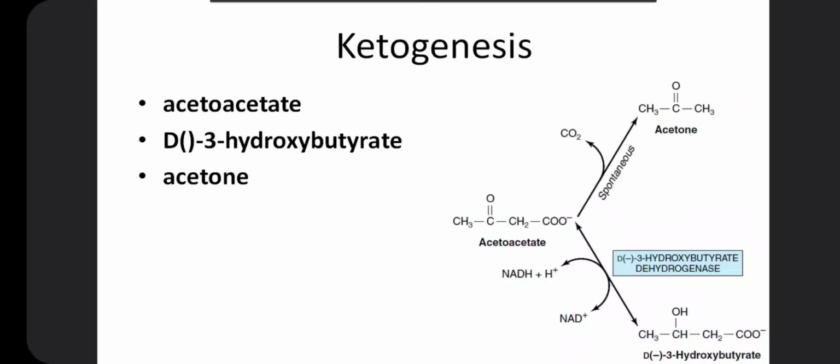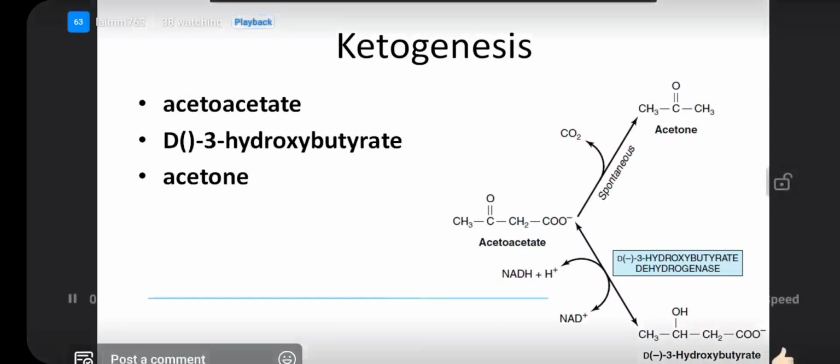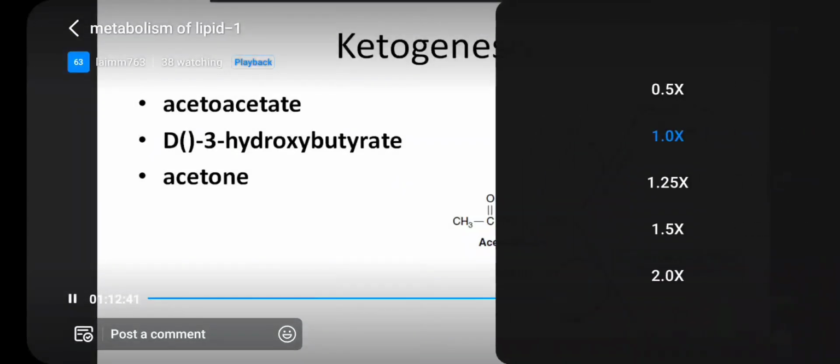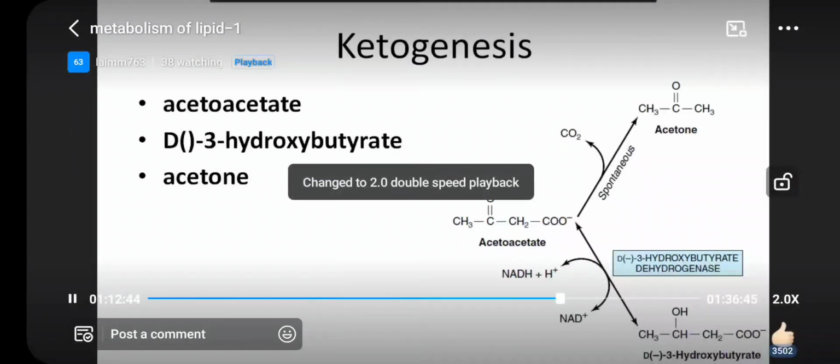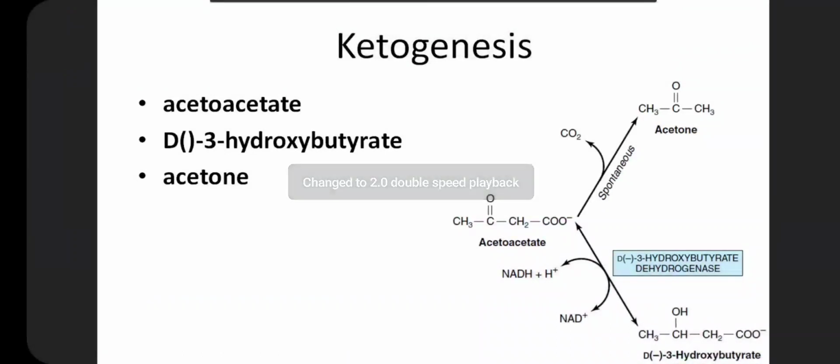As we know, patients with diabetes are unable to metabolize carbohydrate effectively, right? So usually they use fat metabolism. Fat metabolism is the main source of energy for these people with diabetes.